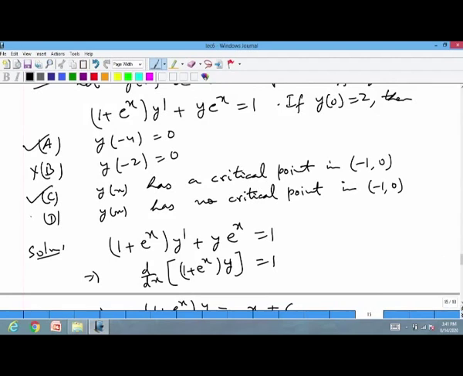So, option C is correct and D is wrong. So, A and C are the correct options.